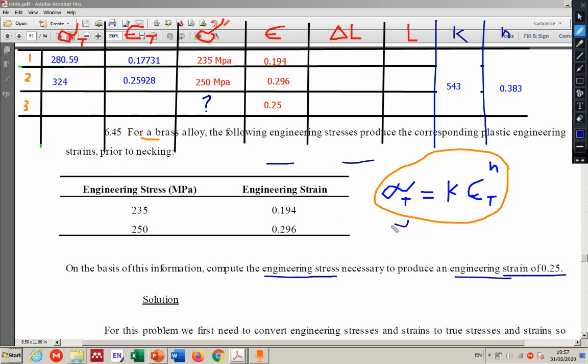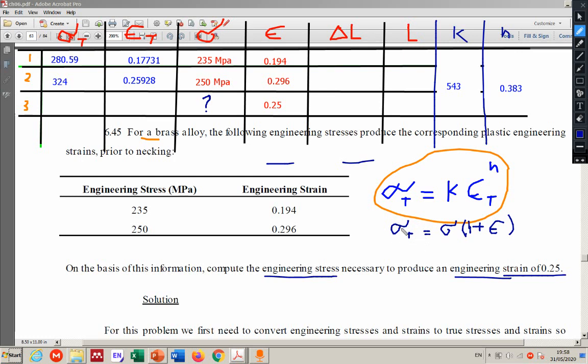I can use this relation, 1 plus engineering strain. This is the only way that I can find this engineering stress, through this equation. But I need what? I need a true stress.